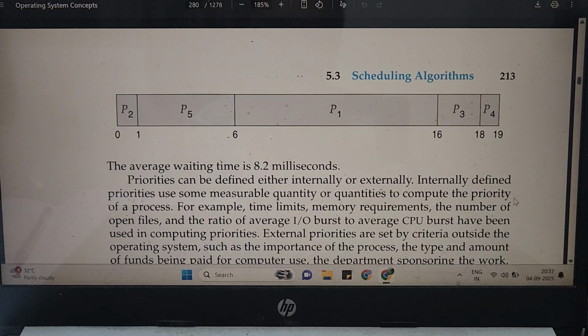Sometimes there are more important things, more urgent things to be taken care of. So to make sure that they do not wait indefinitely, we use priority scheduling algorithm. That is the benefit of this algorithm, that the more important tasks are almost instantly taken care of.